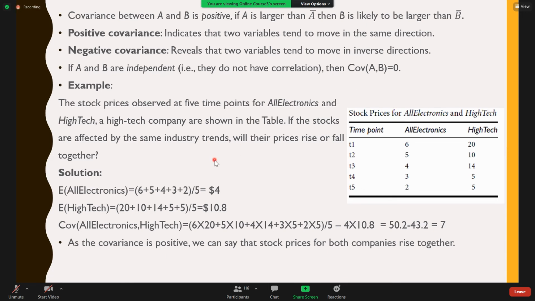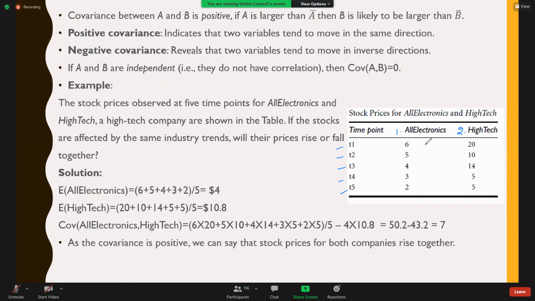Here is an example where we have stock prices for two companies. One is All Electronics and another one is High Tech Company. Stock prices at 5 different time points for these companies are given.